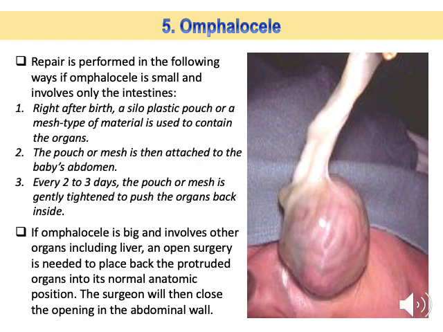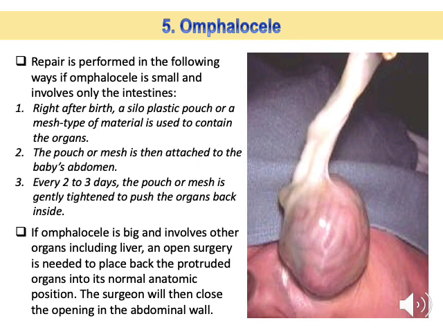Repair is performed in the following ways if omphalocele is small and involves only the intestines. Right after birth, a silastic pouch or a mesh type of material is used to contain the organs, the intestines. That pouch or mesh is attached to the baby's abdomen, and every 2 or 3 days or as necessary, the pouch or mesh is gently tightened to push the organs back inside.